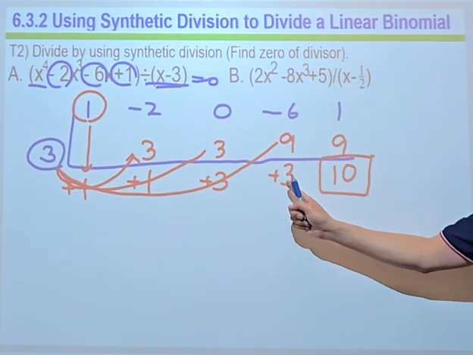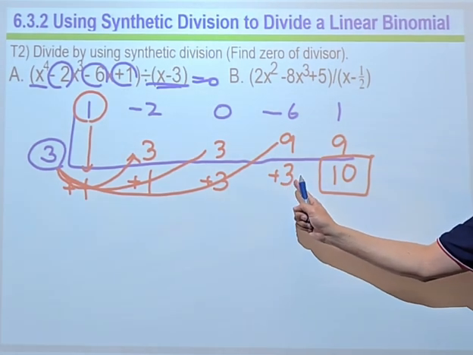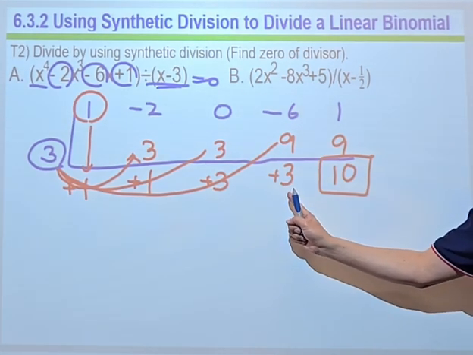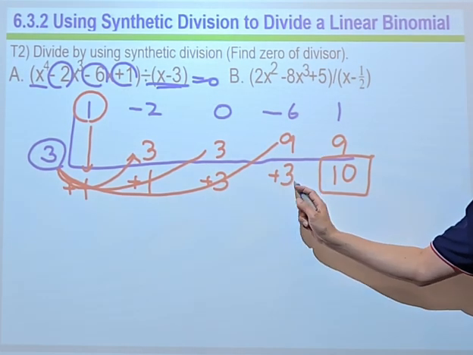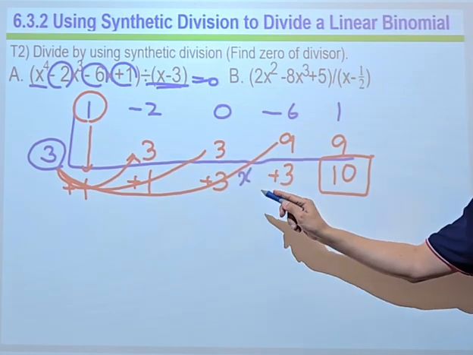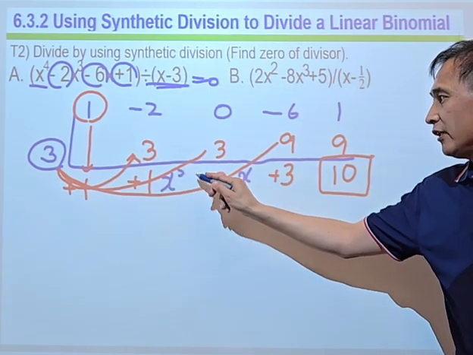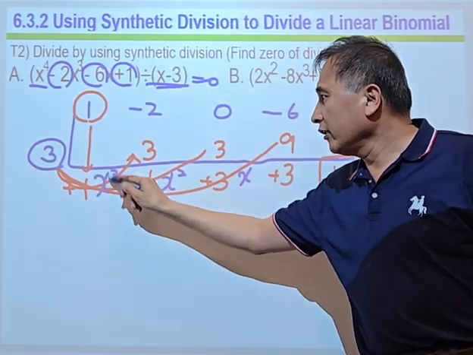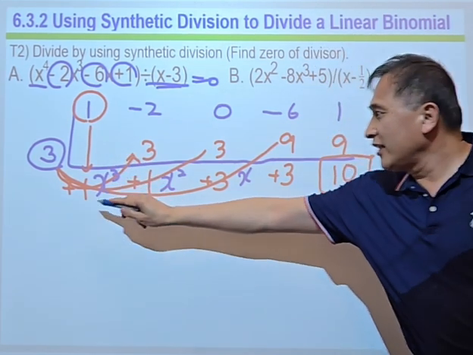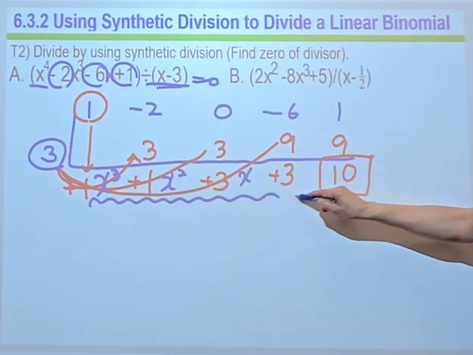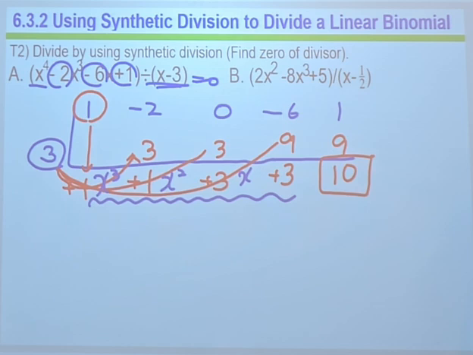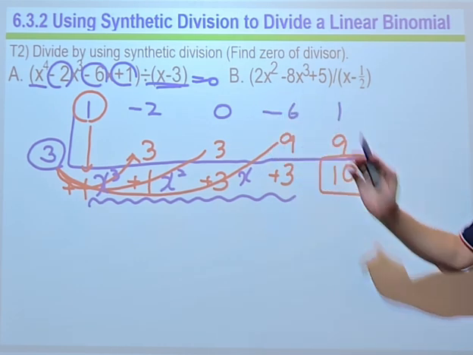Because this remainder, right here, that's the constant. And then we put it in ascending order, which means constant, first degree, second degree, and third degree. And this is the quotient. Okay? Everybody got it? So we did the synthetic division.